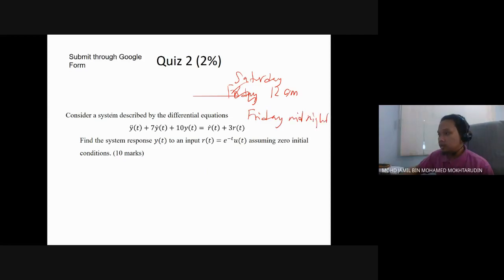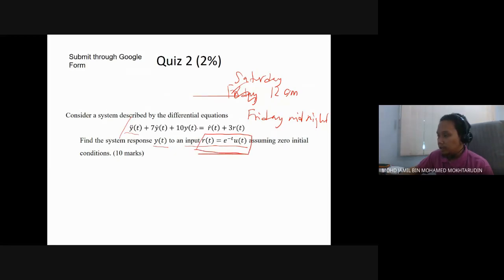Okay, so the question asks, consider a system described by differential equations. Okay, this is the differential equation. Find the system response, y(t), to an input r(t) = e^(-t) u(t). So the first step you need to do is use Laplace transform on this equation first. And then you Laplace transform this thing.